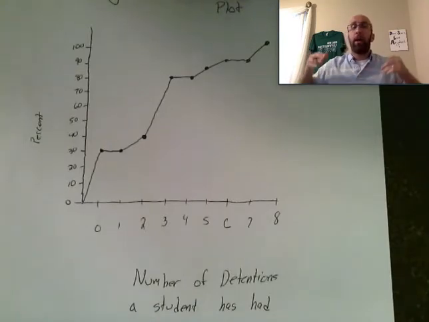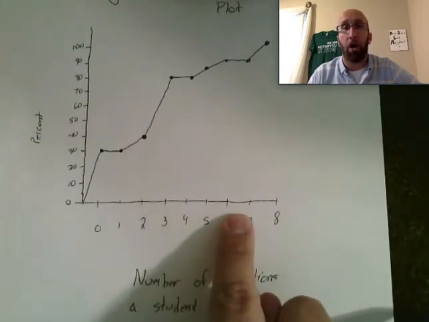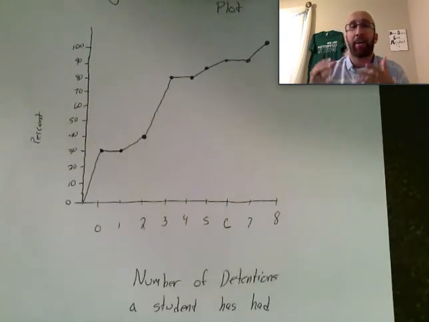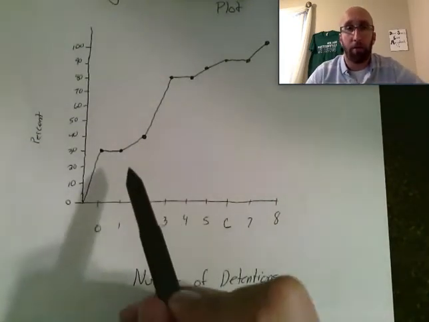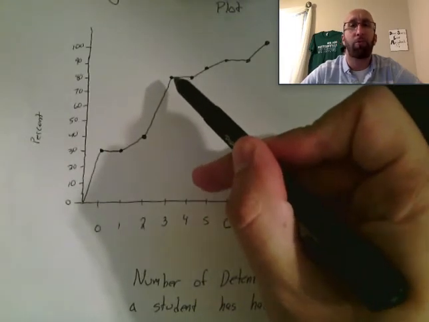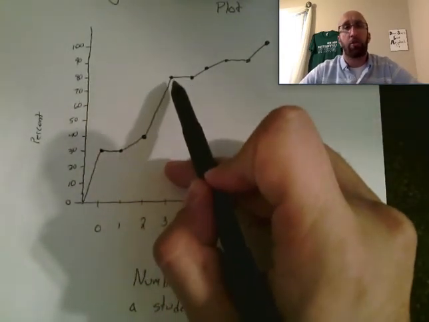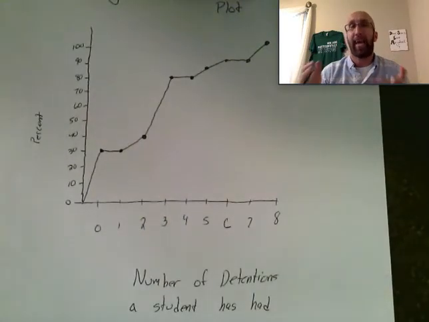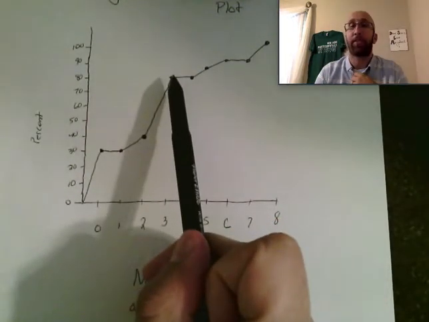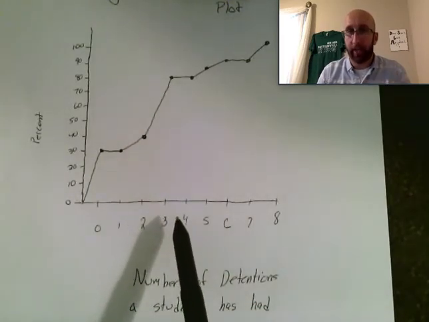Here's where things get different though. As you move further along, it is not an accurate representation of exactly that data point. So I believe this is 0, 1, 2, 3. This point right here is 3 total detentions, and we're at 80%. So it would be incorrect to say that 80% of my data has had 3 detentions.